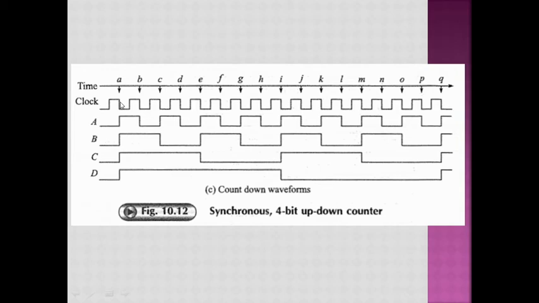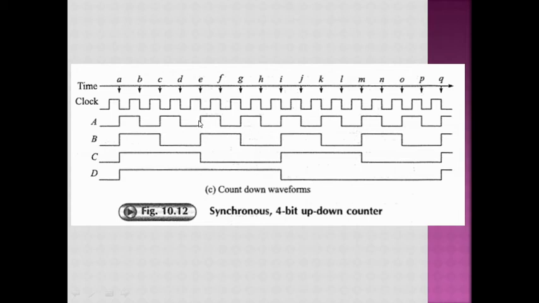That means at the negative edge of the clock pulse, at instant of time A, flip-flop B is going to toggle. Again, when A is low, at instant of time C, on the next negative edge of the clock pulse, B is going to toggle. So whenever A is low and the next negative edge of the clock pulse arrives, the flip-flop is going to toggle.